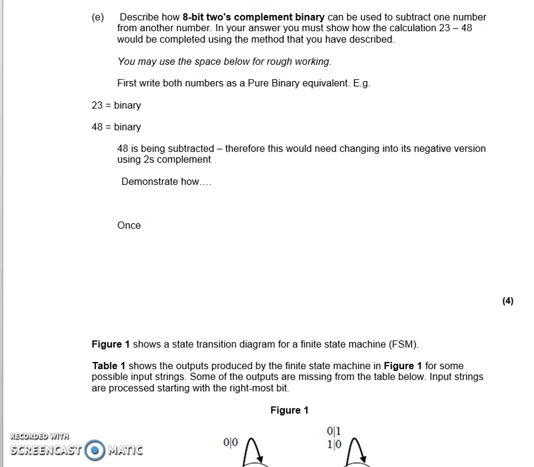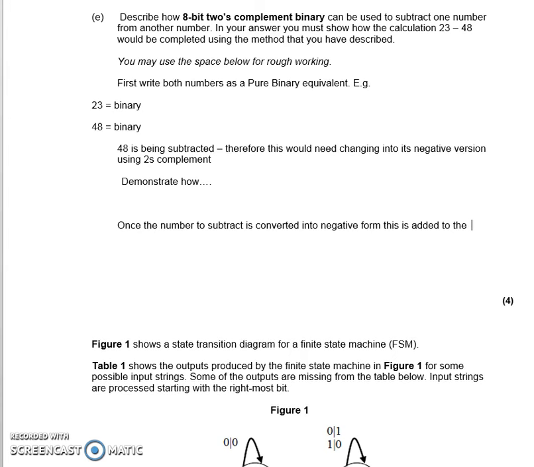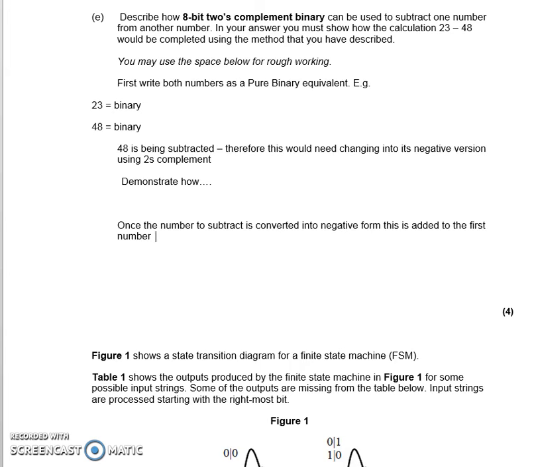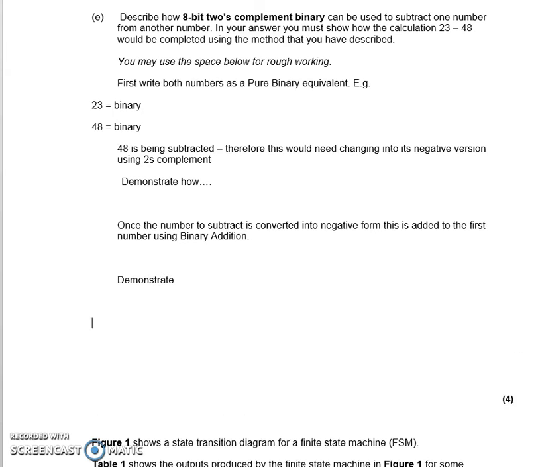Once the number to subtract is converted into negative form, this is added to the original, or to the first number, using binary addition. And again, demonstrate.